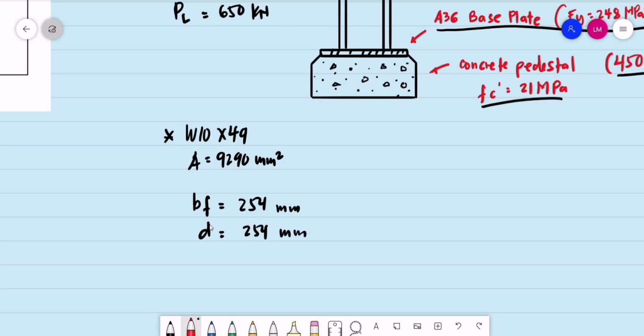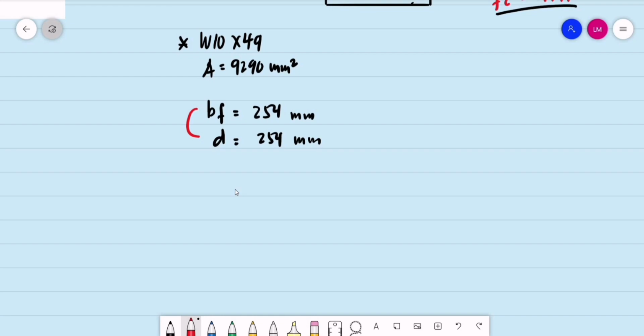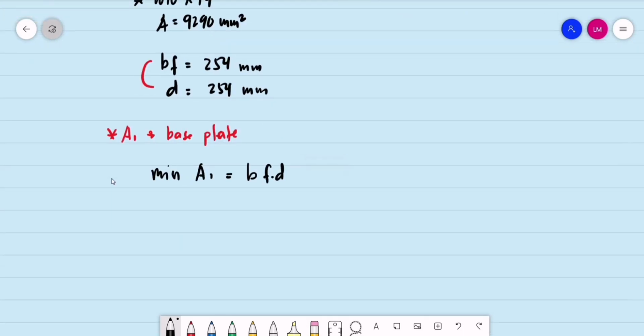So why do we need these dimensions? Basically to compute for the minimum area 1, or the area of the base plate. So for area 1, again, this is the area of the base plate. The use of the B sub F and the D is for the minimum area. So the minimum area 1 is basically equal to B sub F multiplied by D. So let's have these values as our reference value.